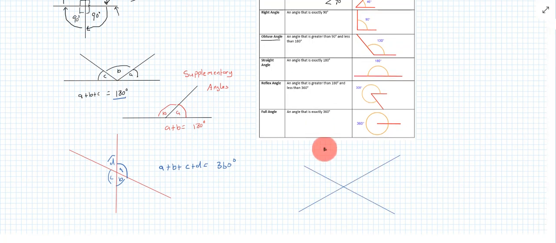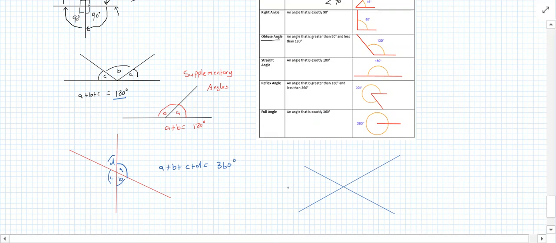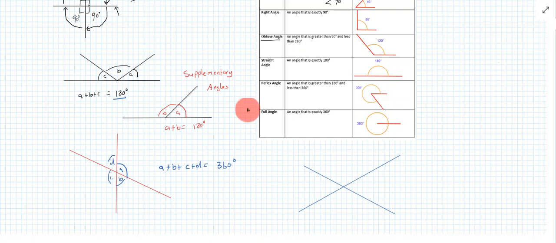Then you can have this kind of arrangement here as well. What you have is two straight lines, and those two straight lines are crossing at a point.